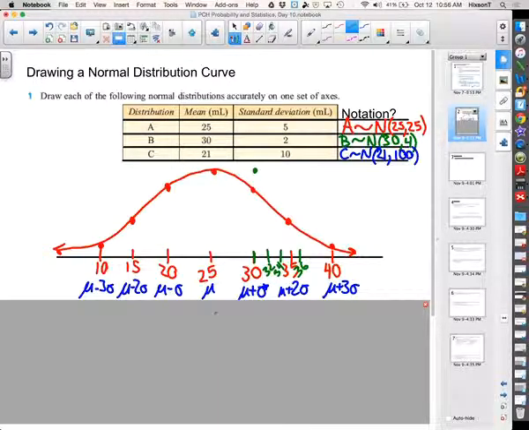So here's 32, 34, and 36. Here's half of our bell curve. Okay, for B. If we go to the left, we have 28, 26, and 24. Alright, so you see here how it's much more crammed together.